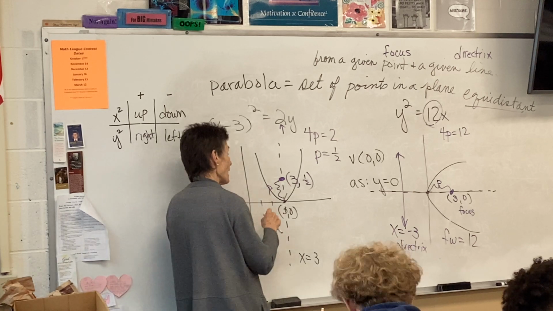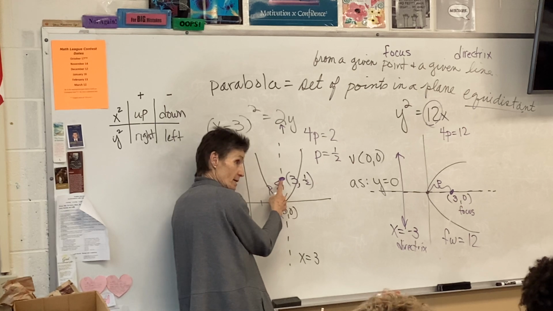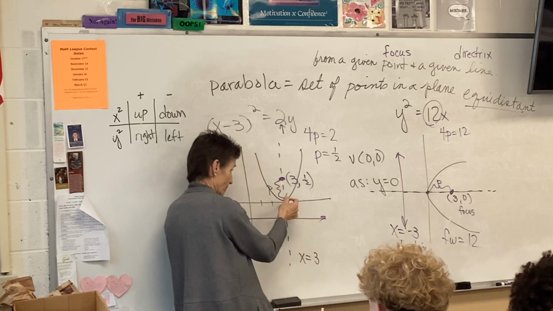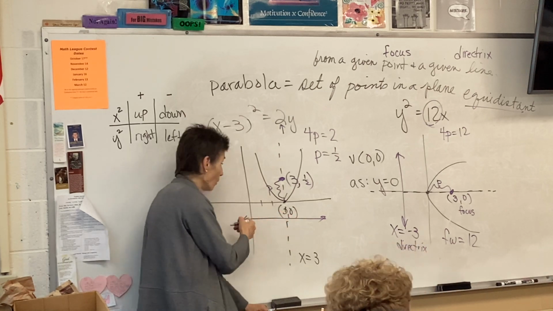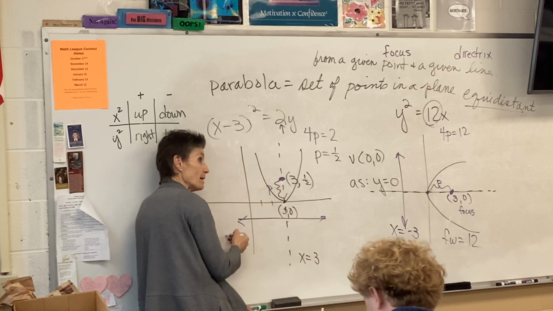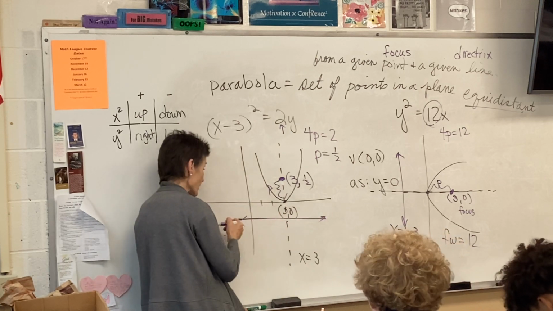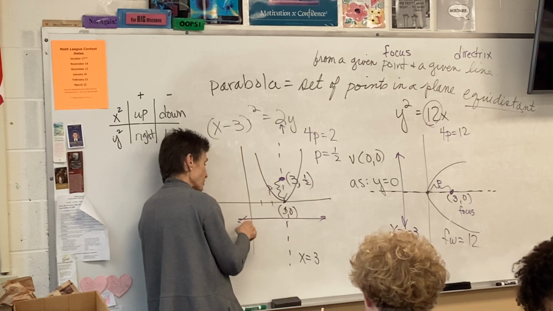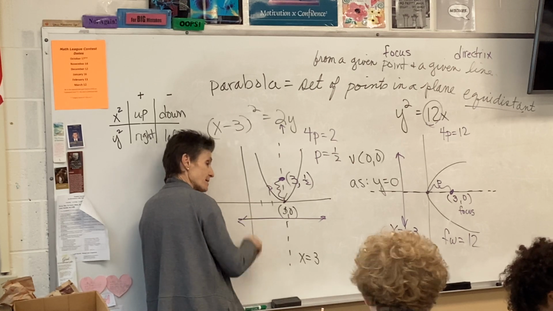Now, if you went up 1/2 to get your focus, then you're going to go down 1/2 to get your directrix. What will be that line? Remember, you came down a half. What is the equation? Which axis do I cross? Which axis is this?